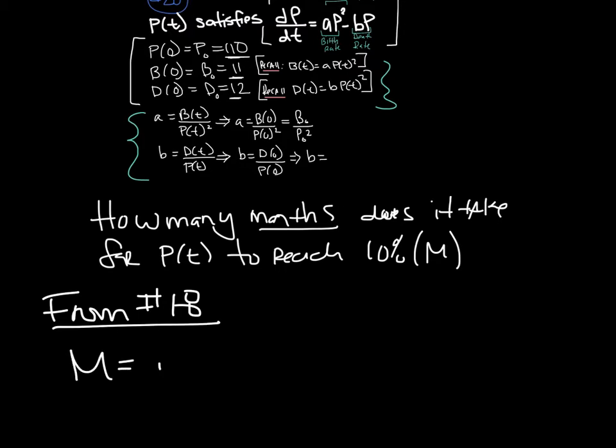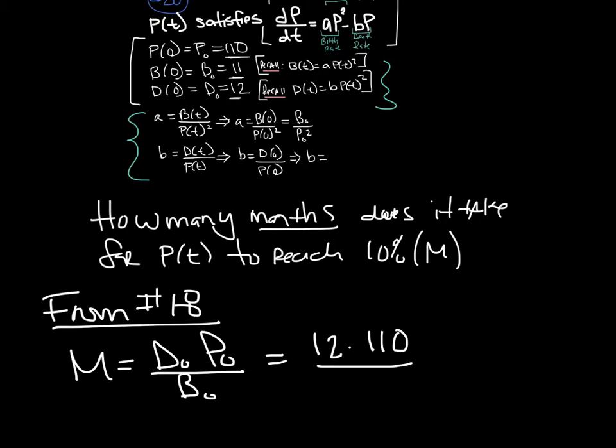M is equal to D naught P naught over B naught. And we know these values. D naught is 12, P naught is 110, since we started with 110 alligators, and we're dividing by B naught, which is 11.